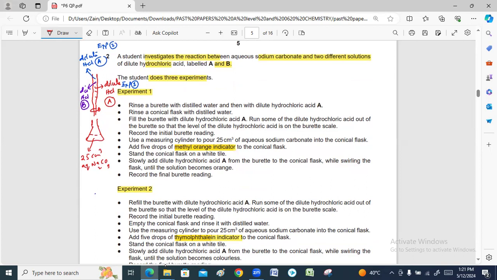Now in experiment one and experiment two, dilute hydrochloric acid is taken.